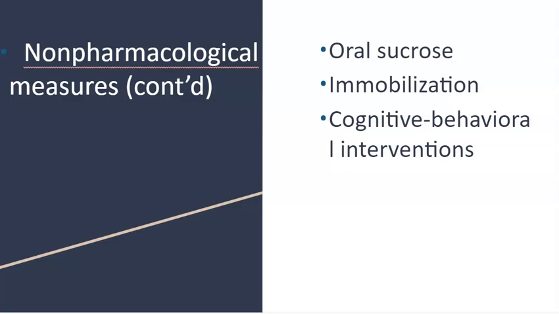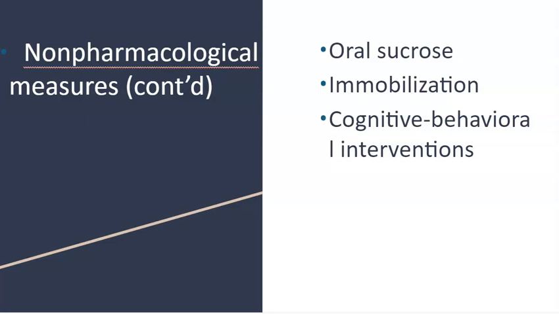So for oral sucrose, that's for newborns. Sucrose by mouth alone or in combination with other analgesics can be effective pain control for newborns exposed to mild to moderate painful procedures. So this is used if the newborn is being poked.